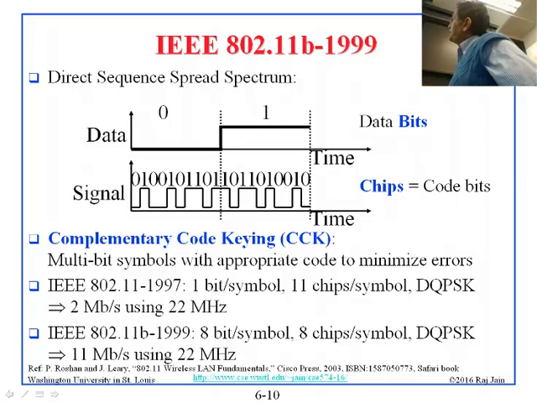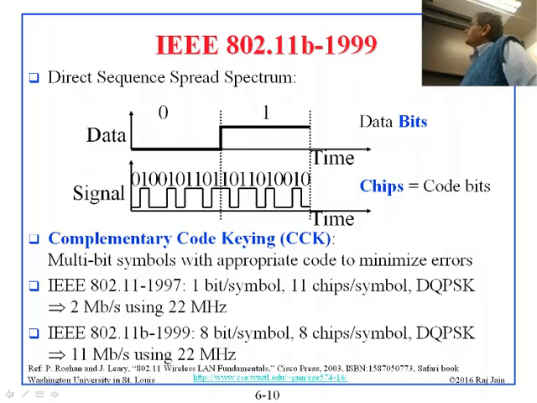Okay, and that was in the original 11. In 11B, they used 8 bits per symbol and 8 chips per symbol. So now instead of 1 bit like this, they will take 8 bits and translate them into some other 8 bits using some code. Each symbol has 8 input bits as well as 8 output chips.